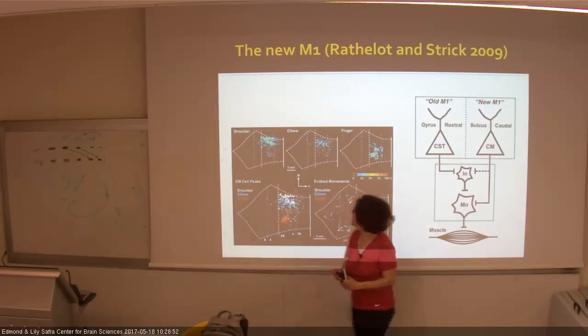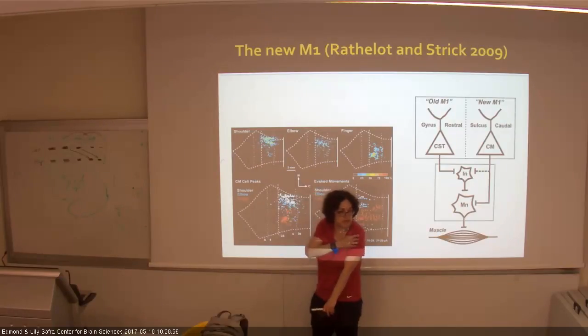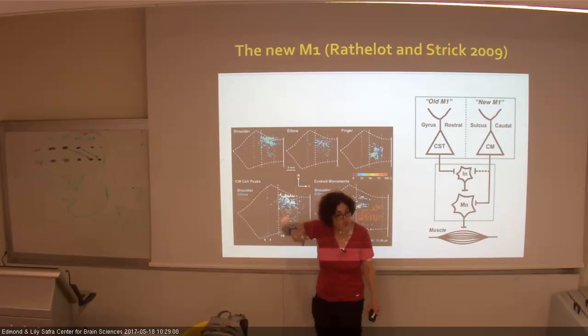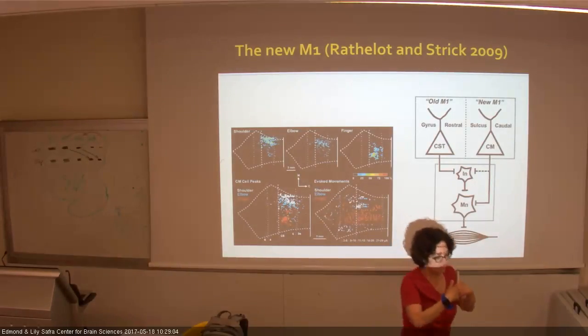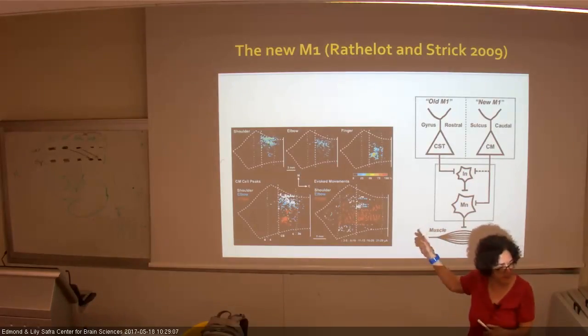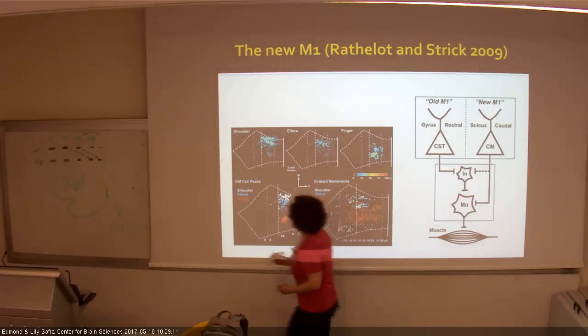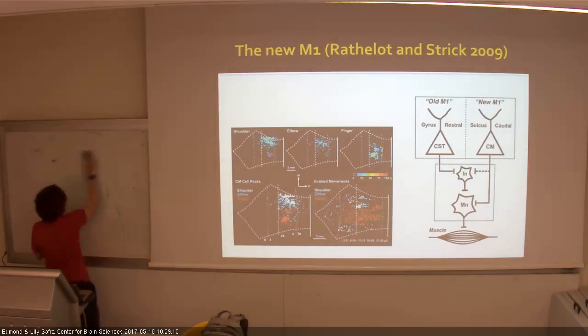So what he found is that most of the connections, if you inject a muscle in the shoulder, are actually very near the bottom of the sulcus. So what is the problem? When we record electrophysiology, we usually miss these parts, right? This is the cortex, right?